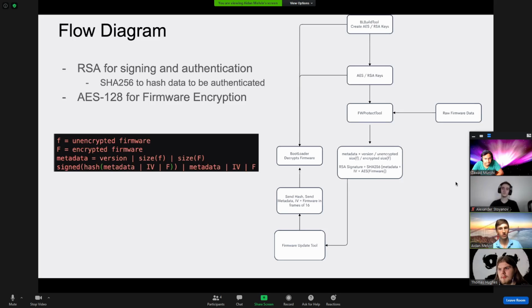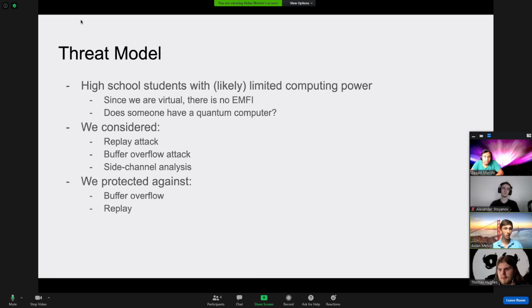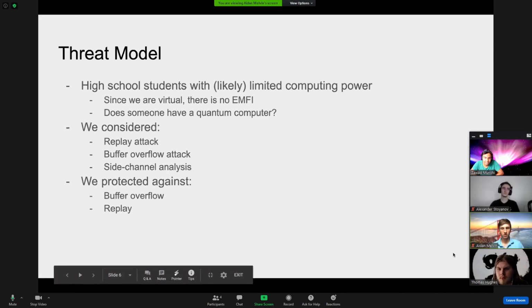And to the right, you can see a full flow diagram of our security protocol that includes all the specifics on exactly what we're adding to be sent to the bootloader. We considered what type of threats we could be facing when designing our system, and we realized most of us are high school students, and I don't know anyone that has a quantum computer.